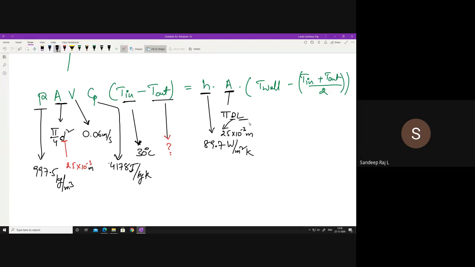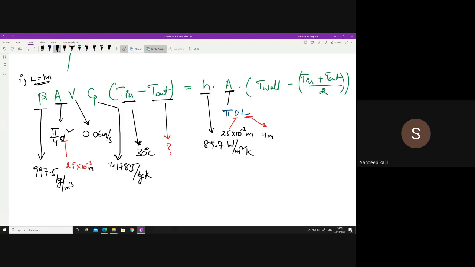And the L value, what is the L value? In the first question, the L value is 1 meter, isn't it? Let me know if I am wrong.